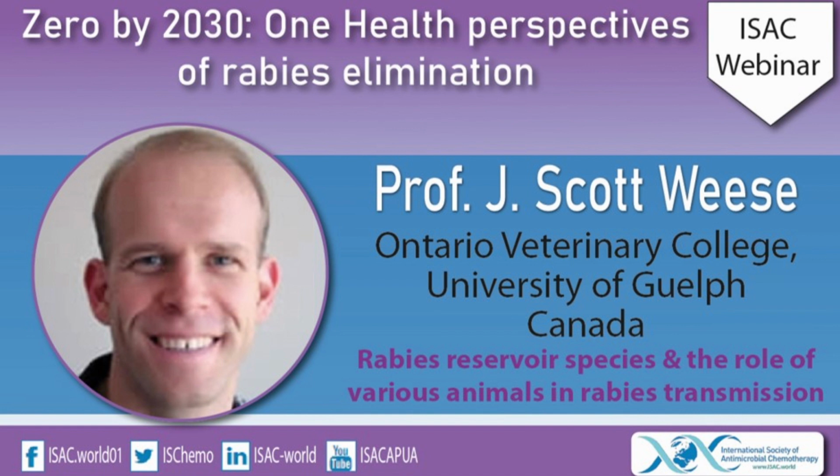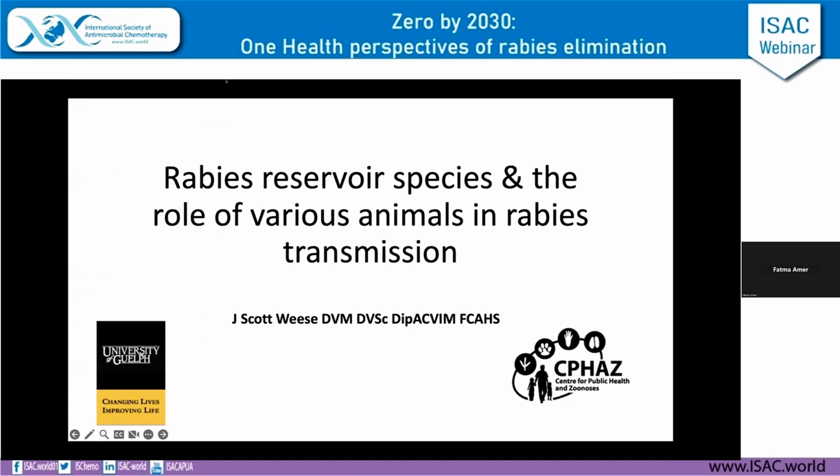He is a member of the tripartite global leaders group on antimicrobial resistance and chair of the WHO advisory group for critically important antimicrobials in human medicine. Dr. Scott will speak about the role of various animal reservoirs in the transmission of rabies. Please go ahead, Professor Weese.